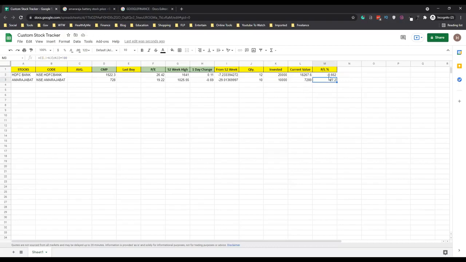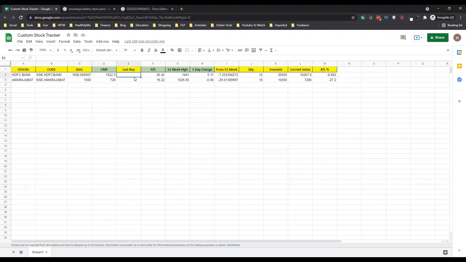So I have made a loss of 8% in HDFC Bank and 27% in Amara Raja. Now this is the average price of our investment in HDFC Bank. This can be calculated by invested divided by quantity. So this is my average price of HDFC Bank, and this is the average price of Amara Raja Battery.